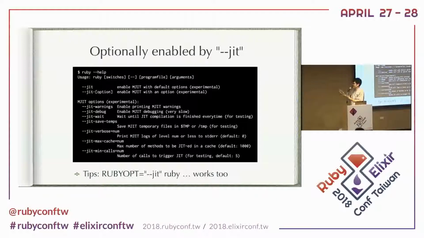So you only need to specify --jit. And if you run a Rails application, probably you don't execute the ruby command directly to start it, so you may want to specify the JIT option in the RUBYOPT environment variable. You can pass that via the environment variable.